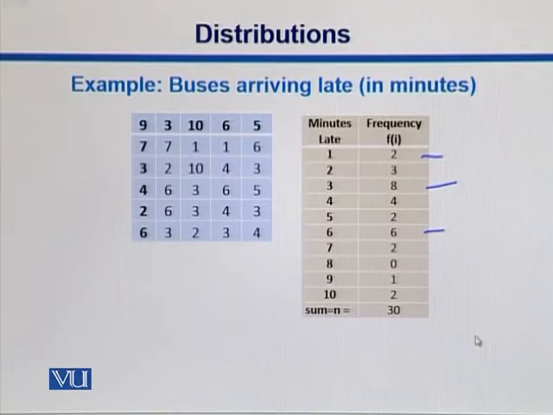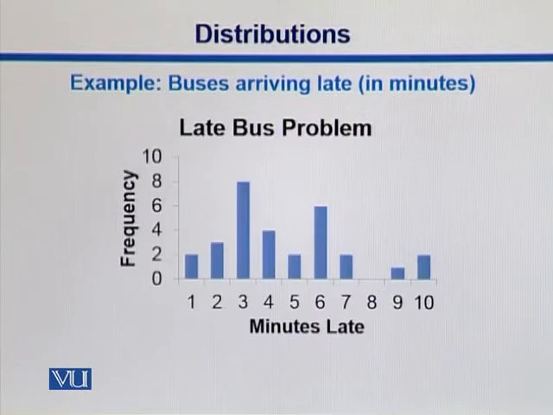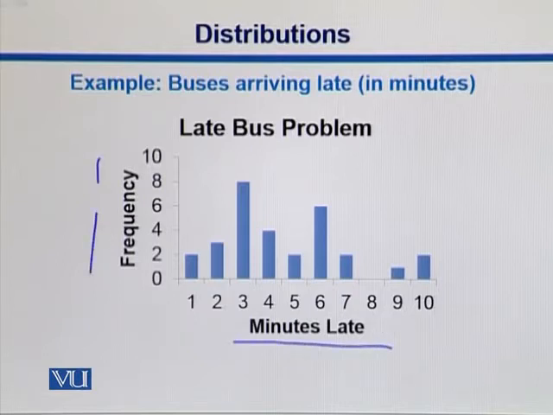This frequency table obviously represents the distribution, and we can see that in this graph. Here, the distribution looks something like this. We have the minutes on our x-axis, and on the y-axis we plot their frequencies. Then we can infer the general shape of the distribution.